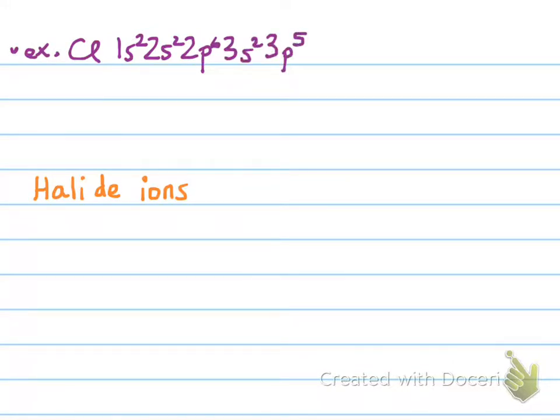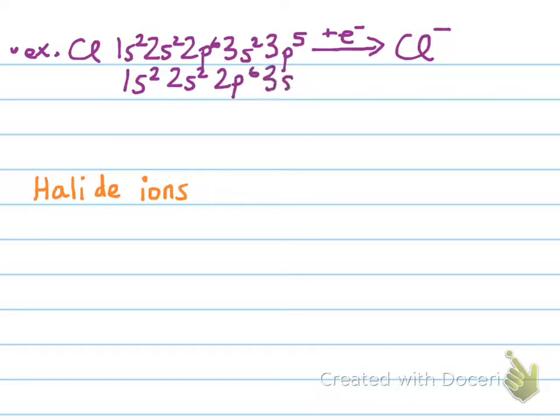Chlorine is going to get an electron and become a chloride ion, whose electron configuration is now 1s2, 2s2, 2p6, 3s2, 3p6, which is the same as argon.